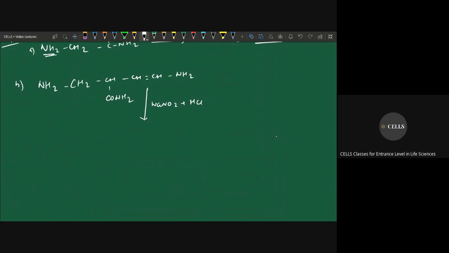This is double bonded, so this will be N2Cl. This is single bonded, this will be N2Cl. This is CO, this will be OH, right? So this will be OH, CH2, CH, C double bond OH, CH double bond CH, and OH.